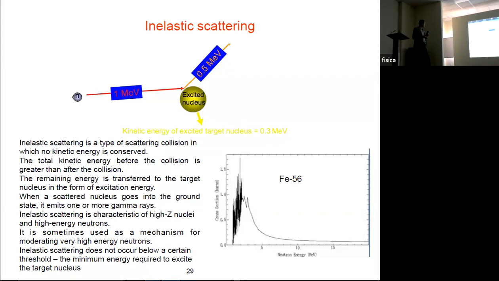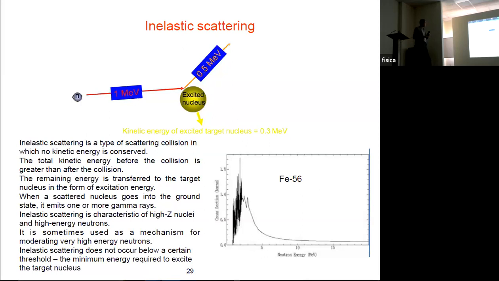Basically, inelastic scattering is characteristic for elements which have a high Z number and for high energy. Here you can see an example of the cross section versus energy, and you can see that this is a threshold process.